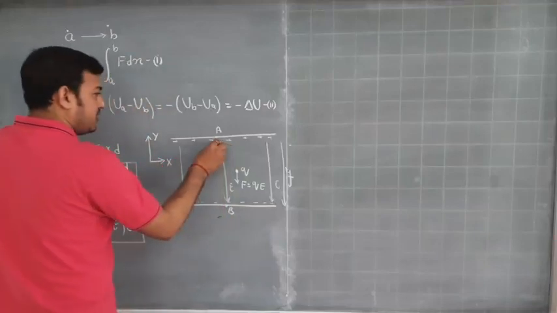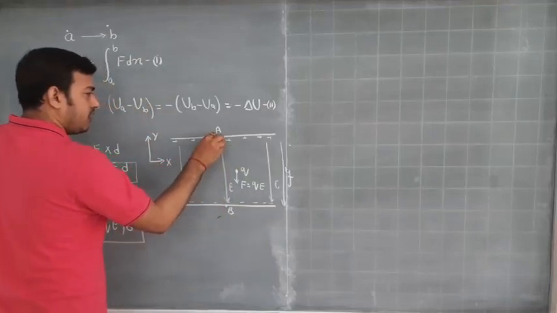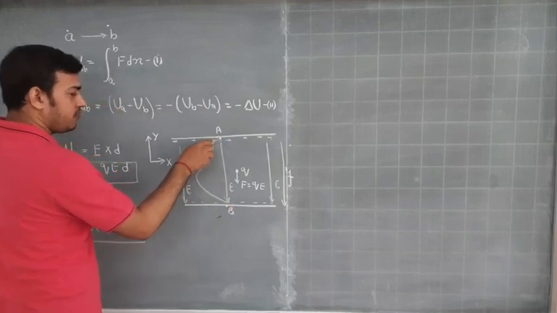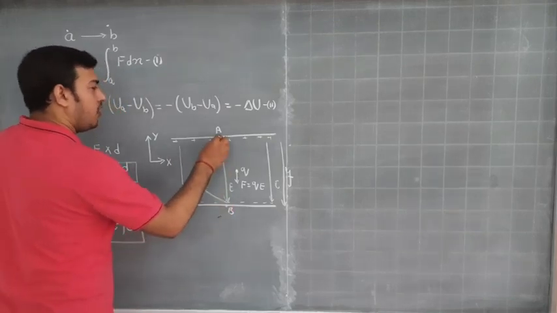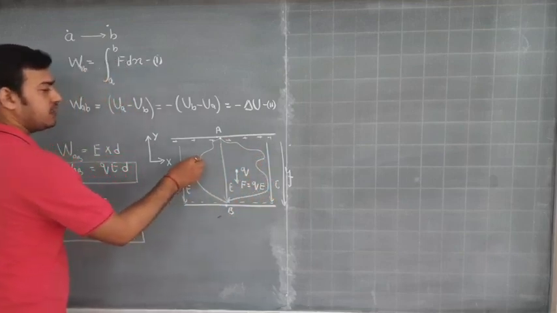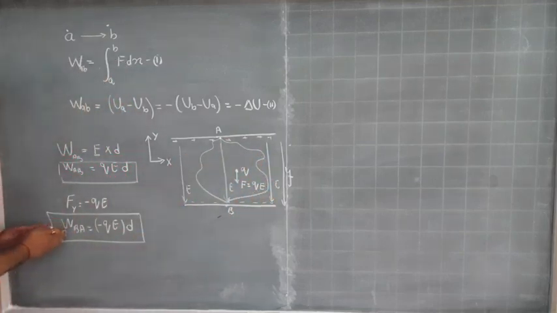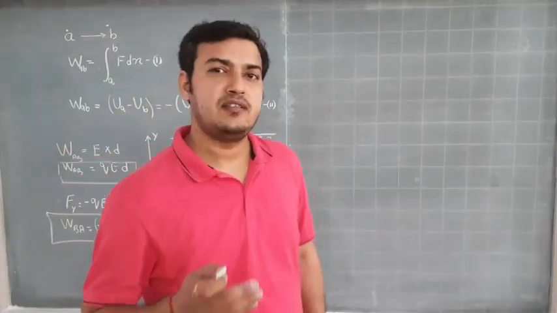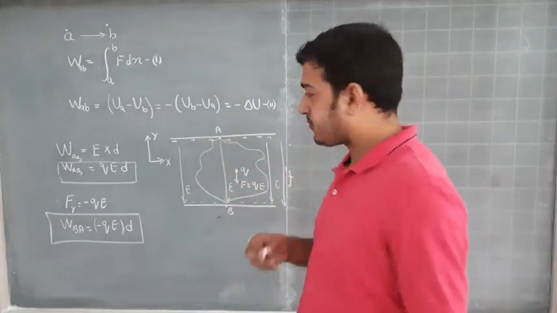It indirectly means that suppose my charge follows this kind of path and moves from A and reaches B, or it may take another kind of path like this, then in that case also the work done will be the same, since my electric force is conservative in nature.